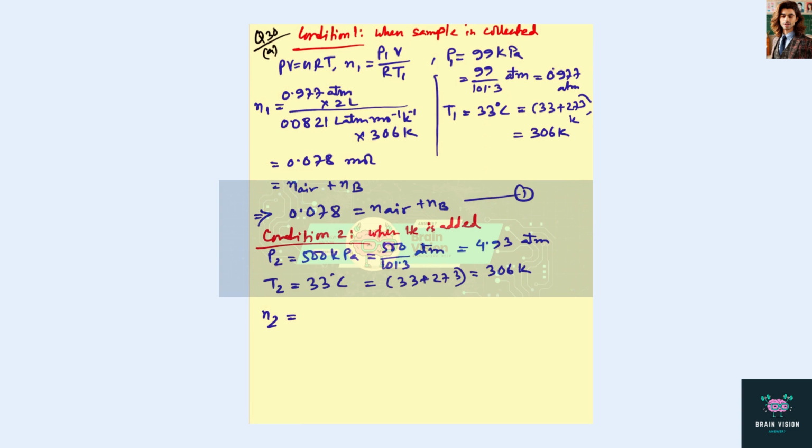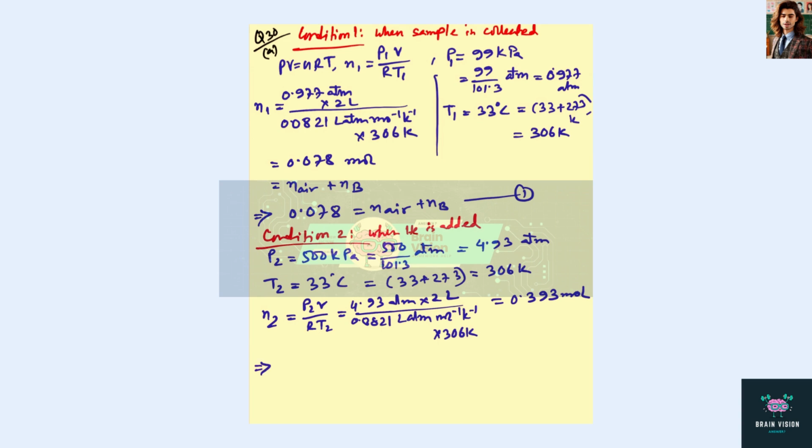Therefore, the number of moles is 4.93 atm multiplied by 2 liter divided by 0.0821 liter atm mole inverse Kelvin inverse multiplied by 306 Kelvin, which is equal to 0.393 mole.